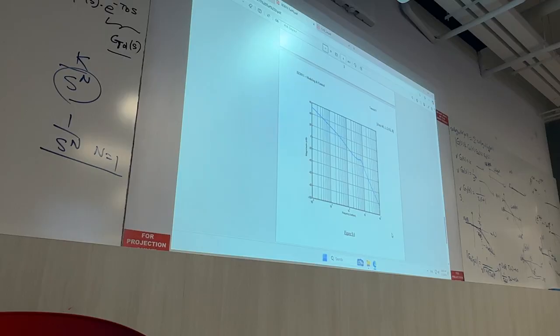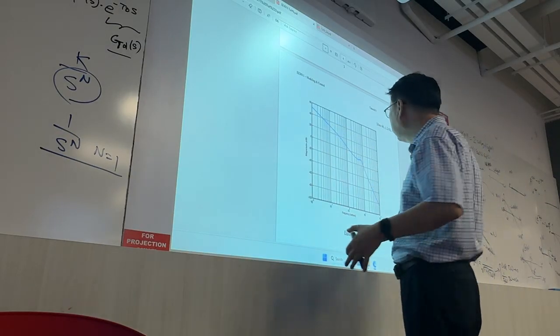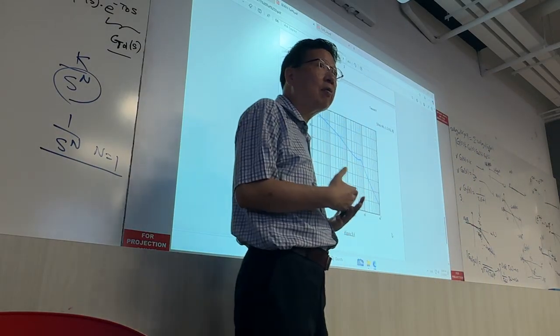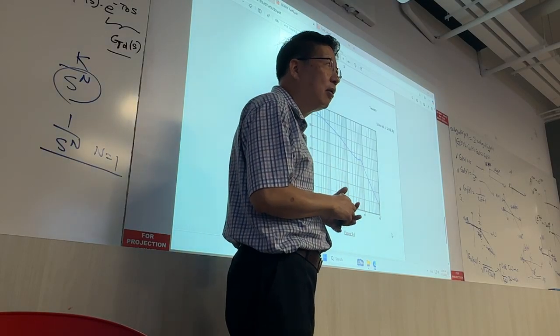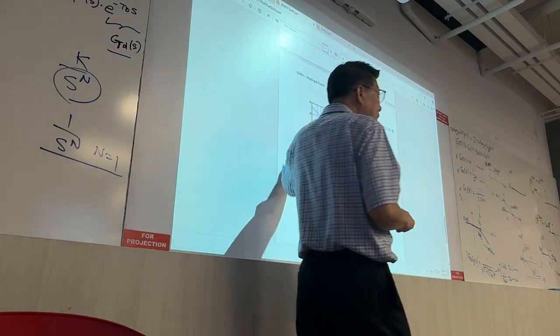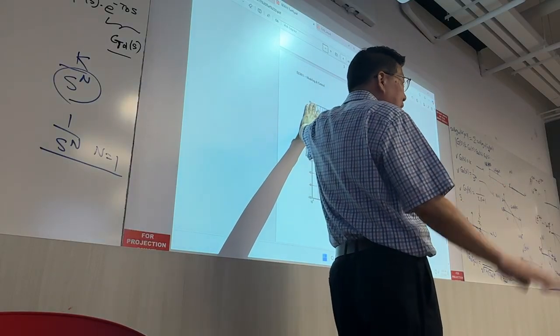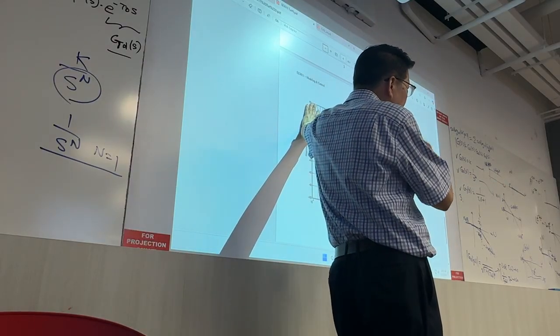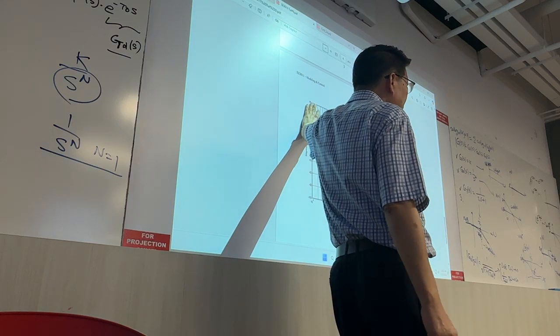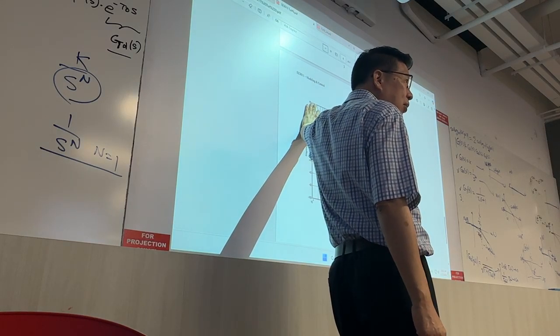This is more challenging than the previous one, because the last one we drew the asymptote for you, and here you have to fit the straight line yourself. Now, fitting the straight line yourself can lead to multiple answers. So the answer given there is only a reference.